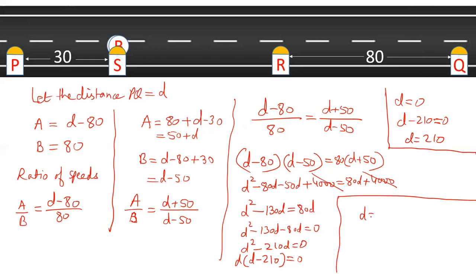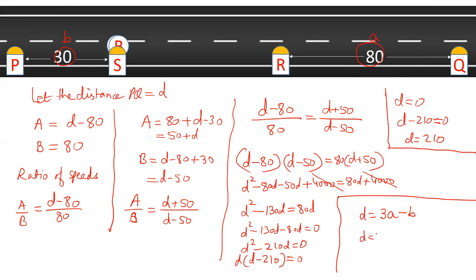Now the direct formula. If the speed of A is not more than twice that of B, then we can directly use the distance which is left over by A. That is, if I take this distance as A and this distance as B, then the distance from P to Q will always be 3A minus B. This is the direct formula.